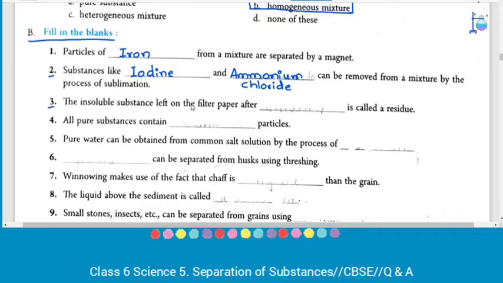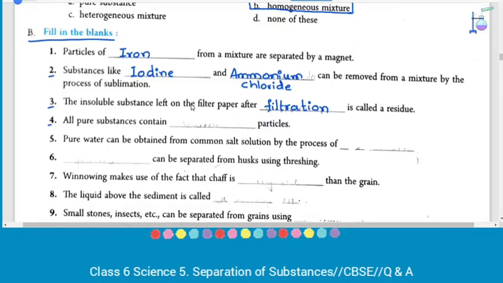Third one, the insoluble substance left on the filter paper after dash is called a residue. The insoluble substance left on the filter paper after filtration is called a residue. Fourth one, all pure substances contain dash particles.